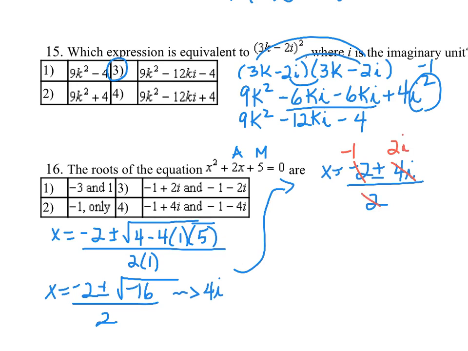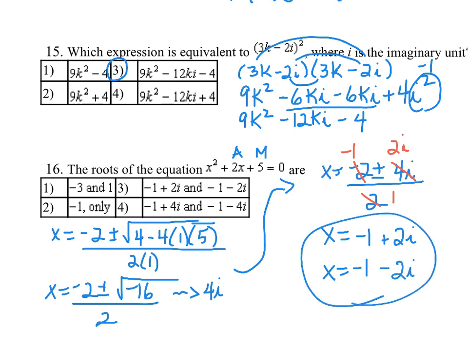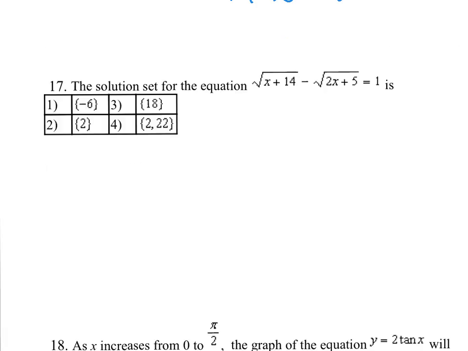And if I take a 2 out of here, I end up with just a 1. So my final answer is going to be x equals negative 1 plus 2i, and I'm going to break it up, and then negative 1 minus 2i. So those are my answers, and if we look over there, we can see that that is choice 3.